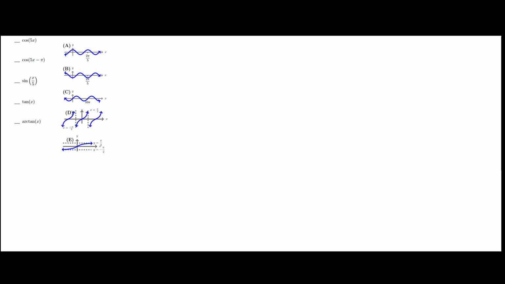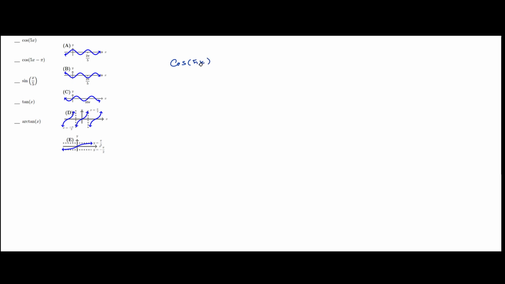In numerical modeling, knowing the shape of the graph of trigonometric functions is necessary if we're using trigonometric functions to model. So let's try to recognize the shapes, and here mostly approximately. I start with cosine of 5x.